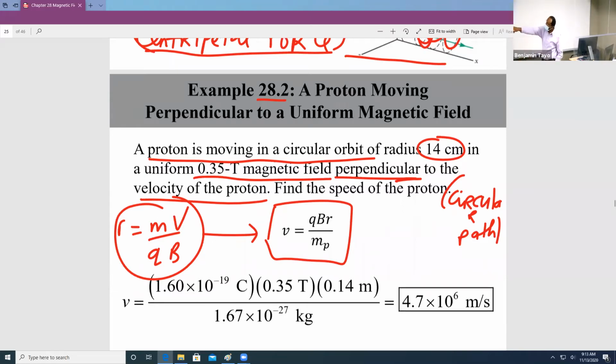But in this problem, it gives me the charge, it tells me what the strength of the magnetic field is, and it also gives me the radius, and then it's asking me to find the velocity. So I can rearrange this equation here. So take this equation and just rearrange it, you get this, and then if you plug in the values, you should calculate this as the speed of the proton.